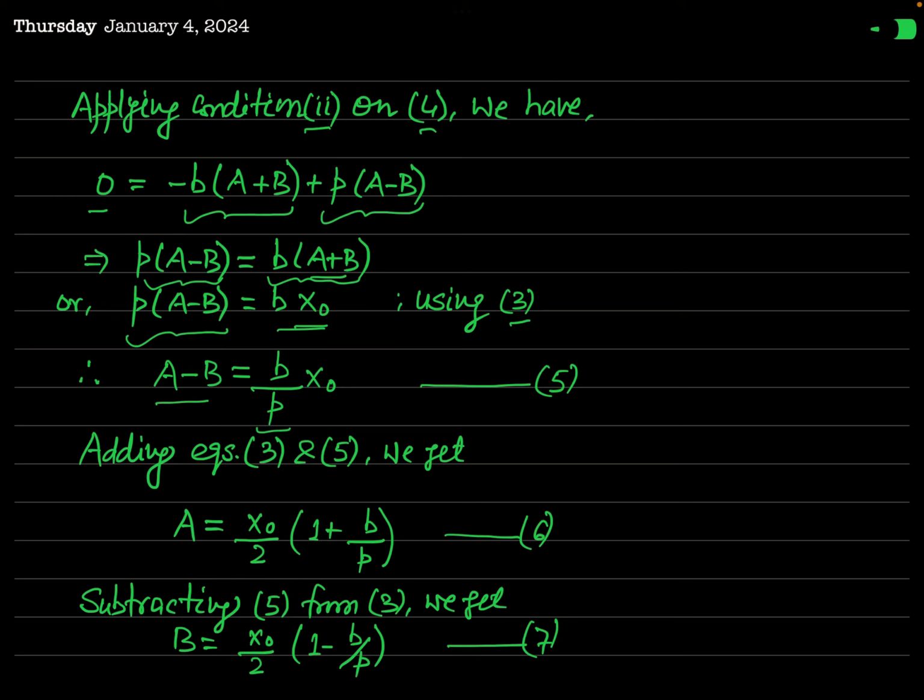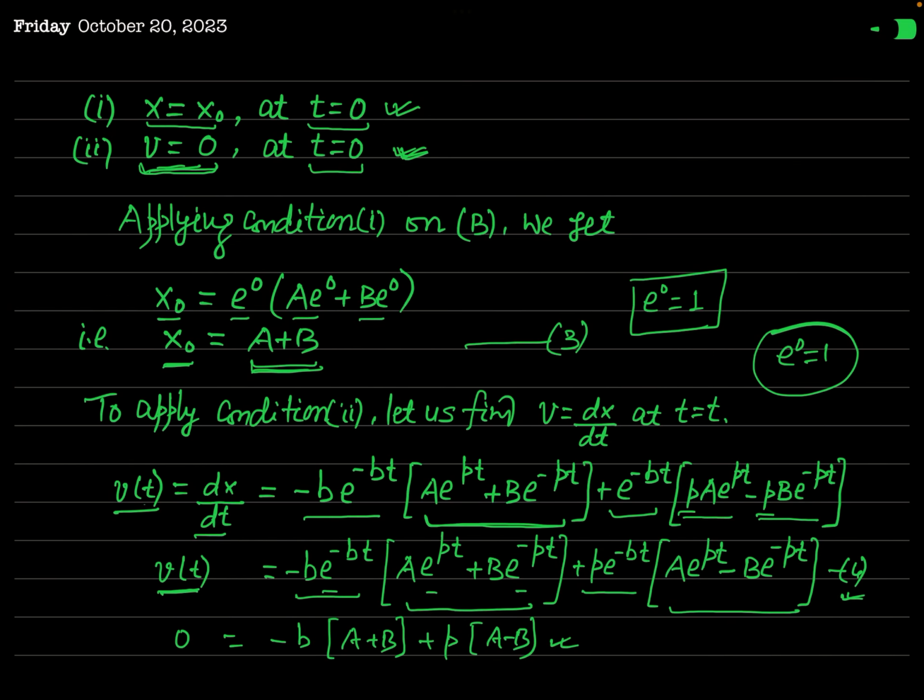Now we have two equations. One equation is here, 5, which contains a and b, and there is equation 3 which also contains a and b. Solving these two equations 3 and 5, whose solution is very easy, we can obtain the values of the arbitrary constants a and b.